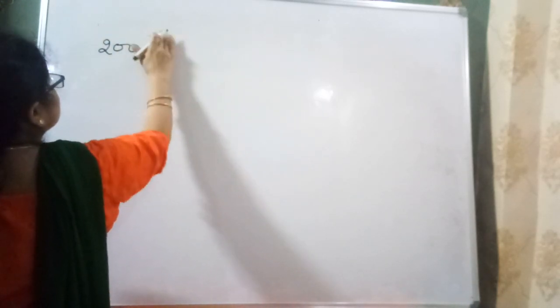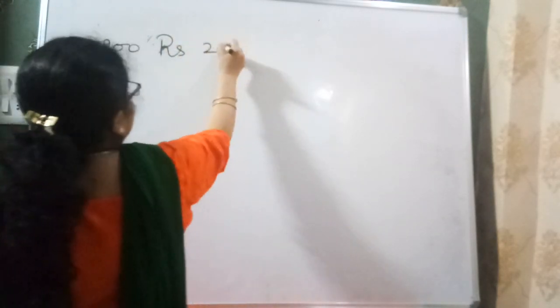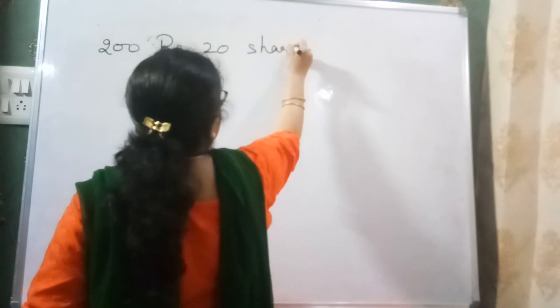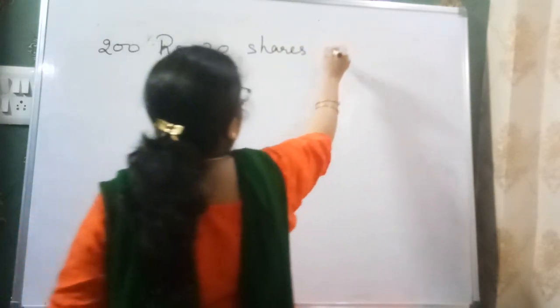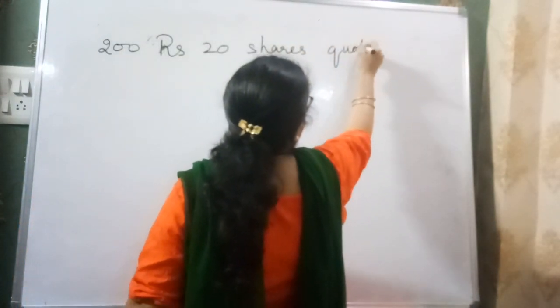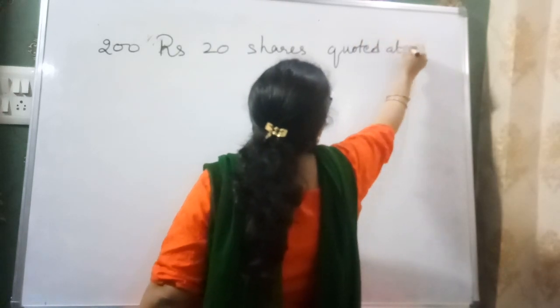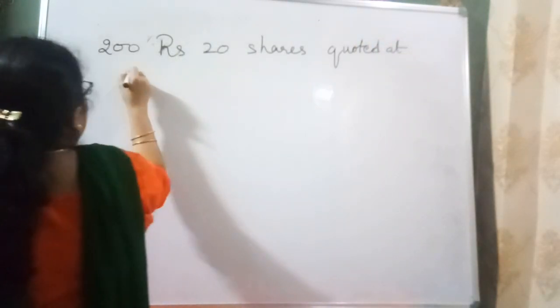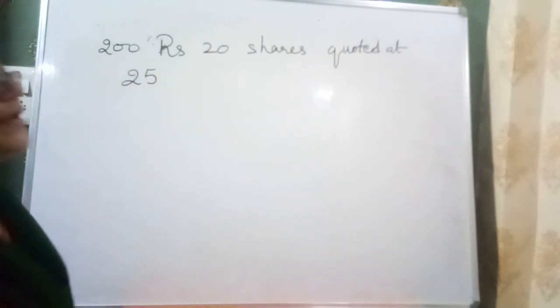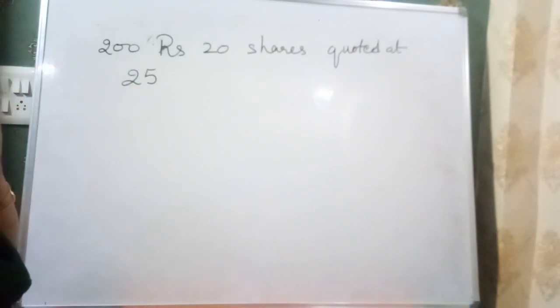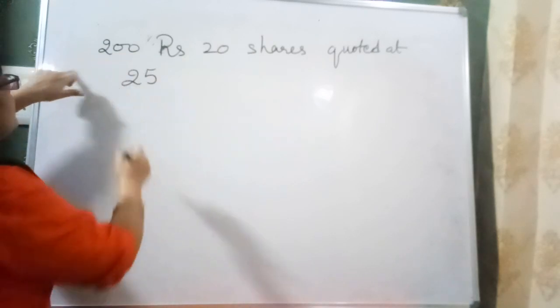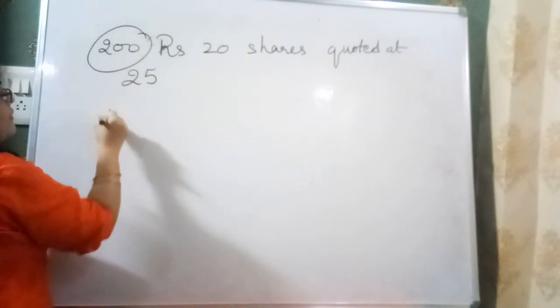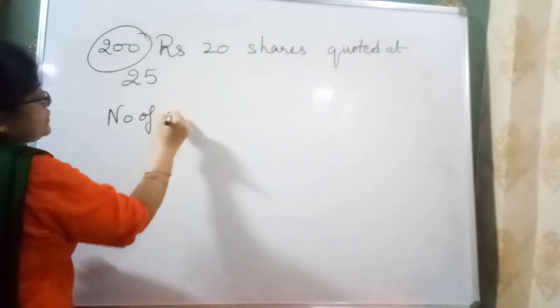For example, if it is given that 200 rupees 20 shares quoted at 25. Find the investment. Now, what is 200? 200 is the number of shares.